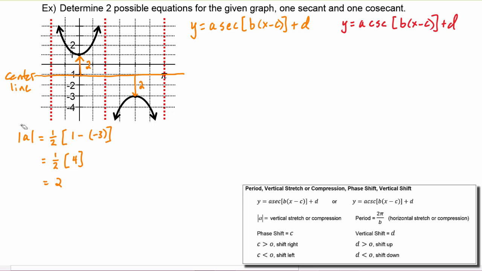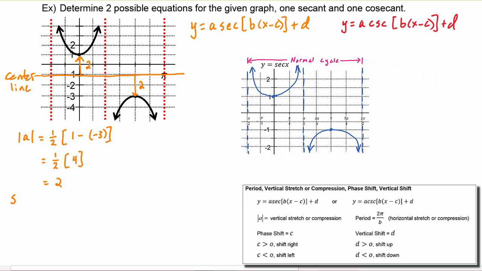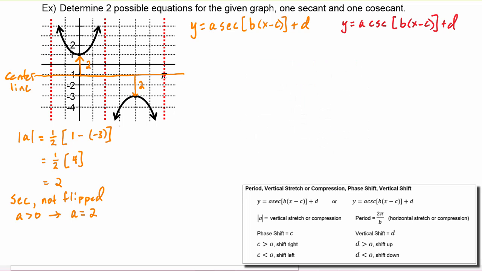So the vertical stretch or compression is a factor of 2, which means it is a vertical stretch. When we compare this graph to the graph of unaltered secant, it's not flipped, which means a has to be positive, so a will be +2.